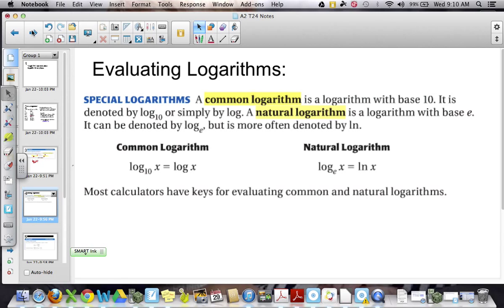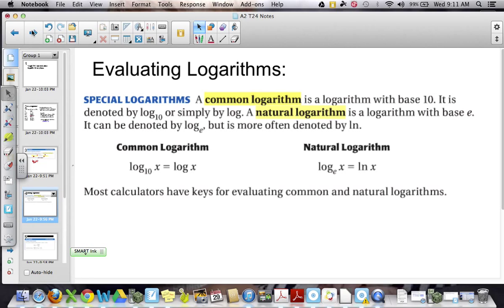Why is base 10 so common? Think about how we count. We count 1, 2, 3, 4, 5, 6, 7, 8, 9, 10, and then start over. 11, 12, 13, 14, 15, 16, up to 20, and then 21, 22, 23. It's always in groups of 10 because the number system that we work in is called the decimal system, which is base 10. So that's why that's the common logarithm.